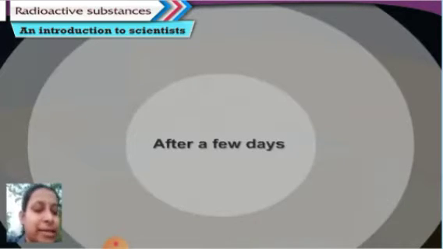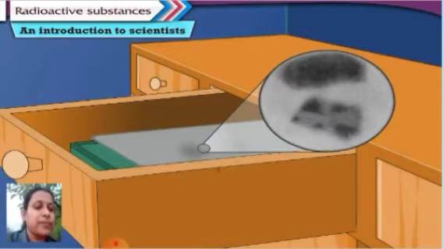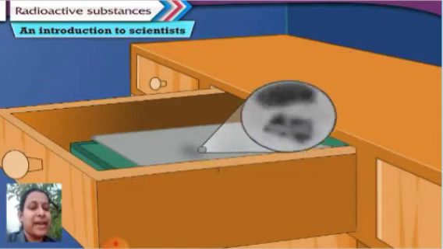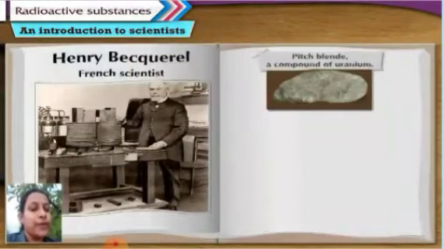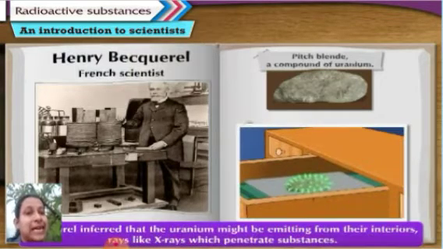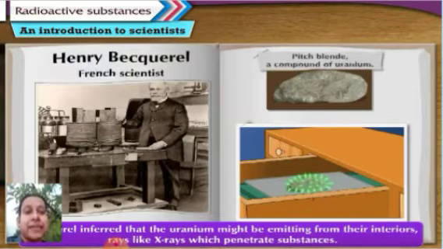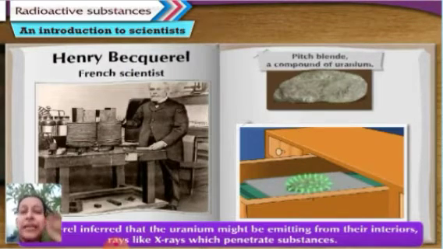After a few days he found that the photographic plates were cloudy and showed the shape of the key. As this incident occurred in the dark, Becquerel inferred that the uranium compounds might be emitting from their interiors rays like X-rays, which penetrate substances.